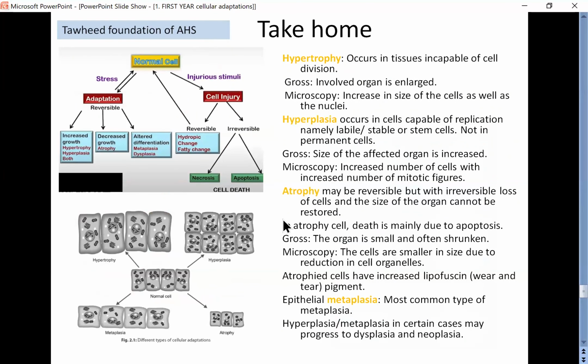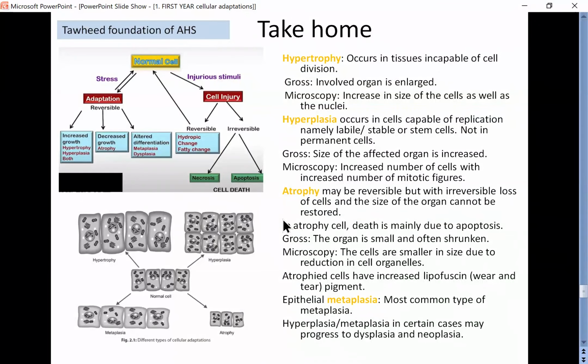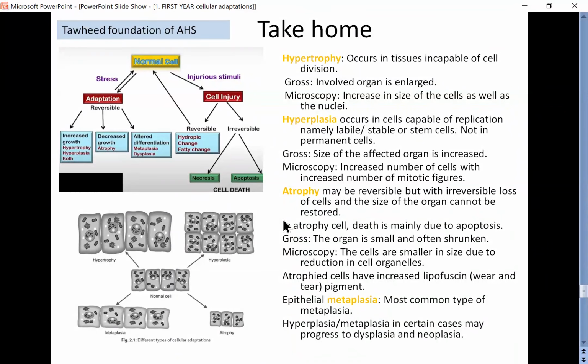Microscopy means you see the cellular level, so the cells will increase in size, in both cytoplasm and nucleus. Hyperplasia occurs in cells capable of replication. In gross, the size is again increased or enlarged. In microscopy, you can see an increased number of cells in hyperplasia.